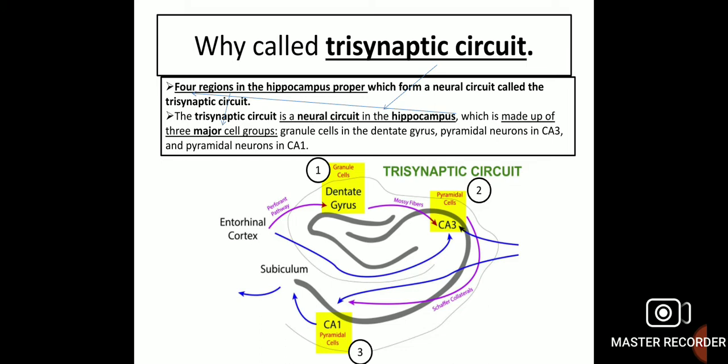The lower figure shows the trisynaptic circuit where the DG, CA1 and CA3 regions are shown, and the cells in these regions are granular cells and pyramidal cells respectively.